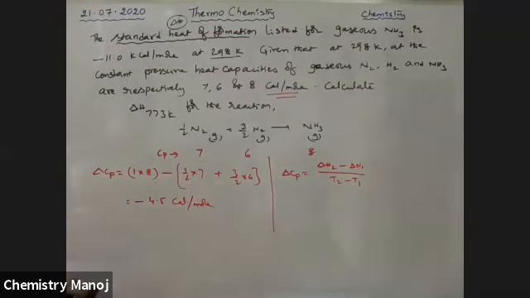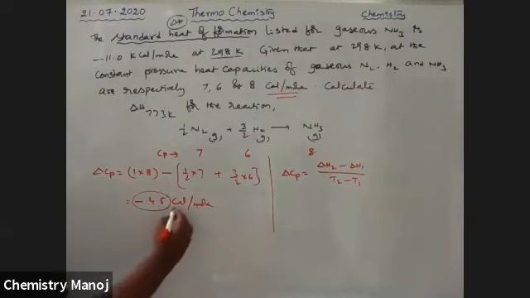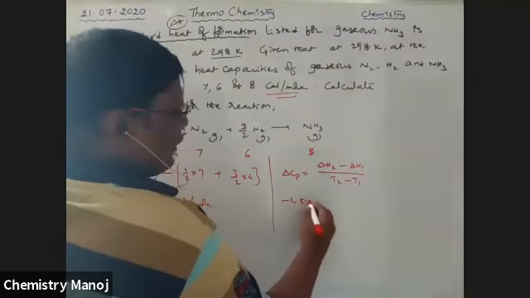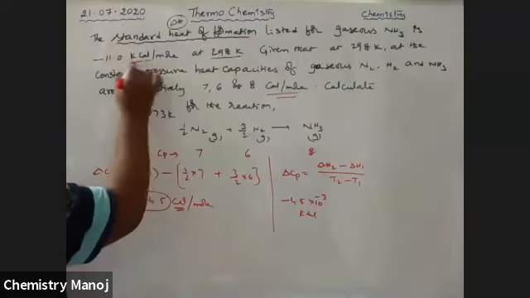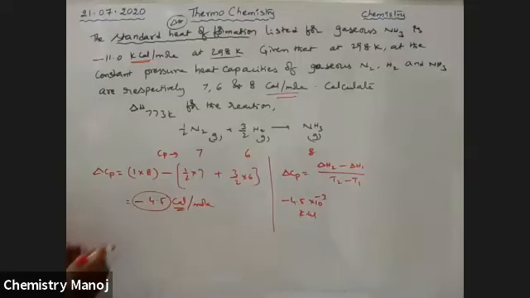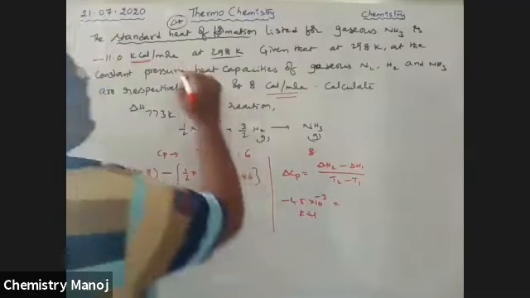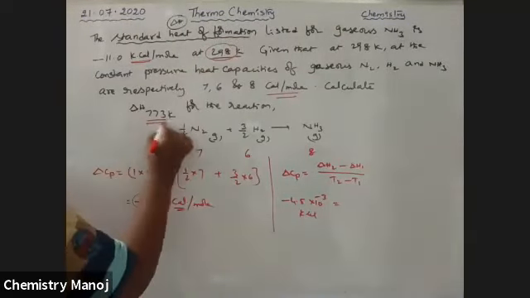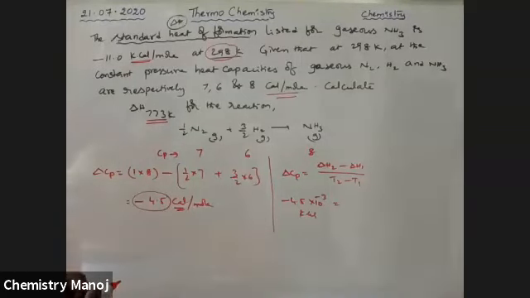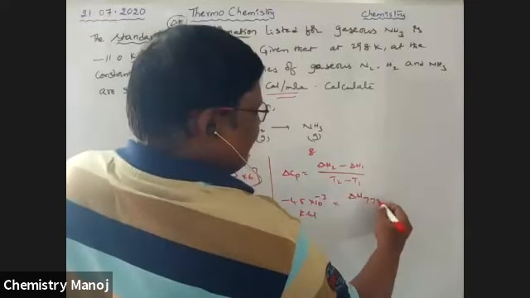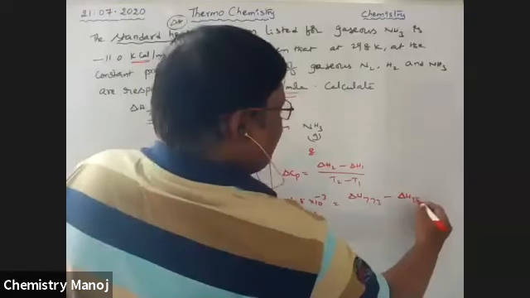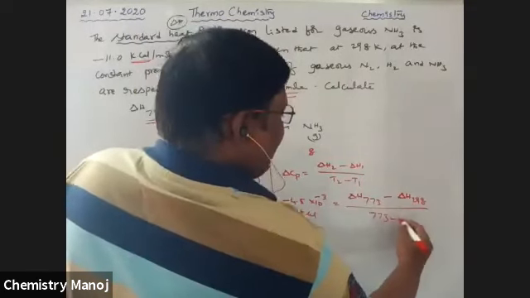The delta Cp value is minus 4.5 into 10 power minus 3 kilocalories, because I am using kilocalories here also. He wants to calculate at 773 Kelvin, that is delta H at 773 Kelvin minus delta H at 298 Kelvin, by 773 minus 298.